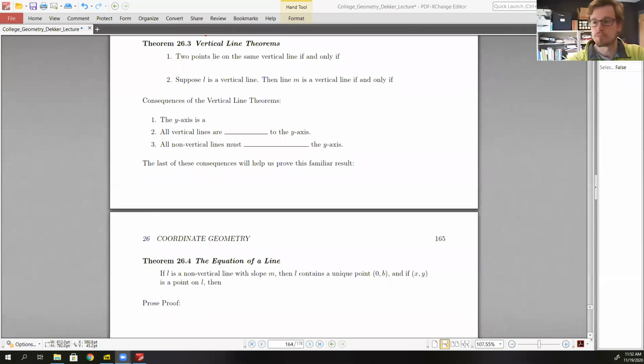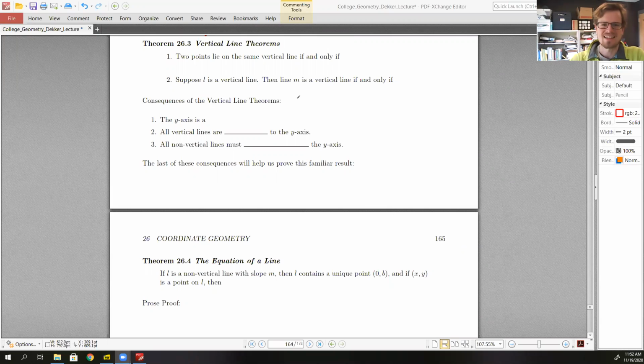Welcome back to geometry. We want to take a look at section 26 on coordinate geometry, and we will look at vertical line theorems and the equation of a line. So pretty straightforward here.